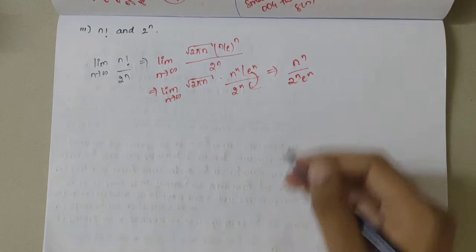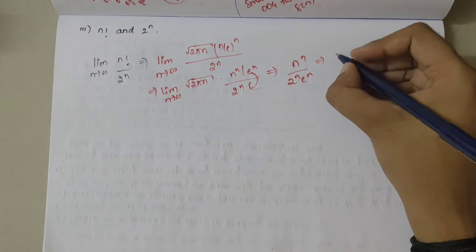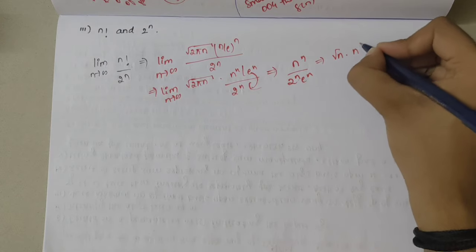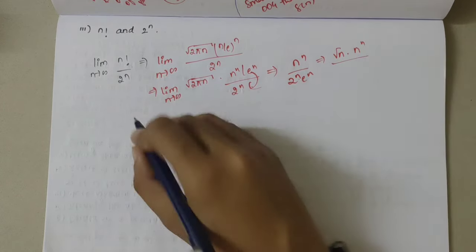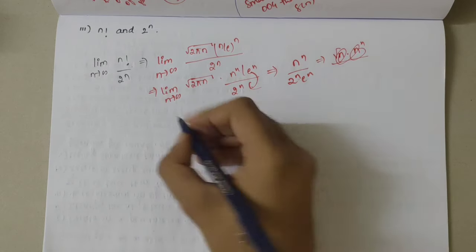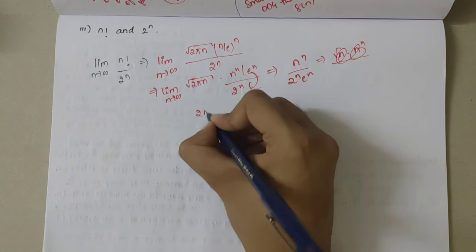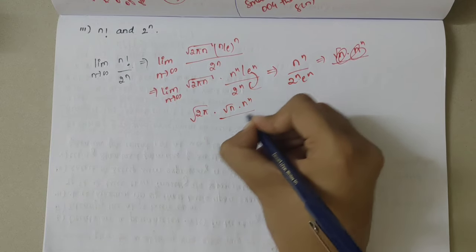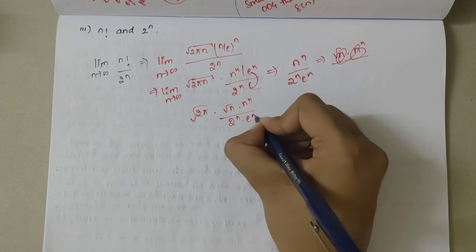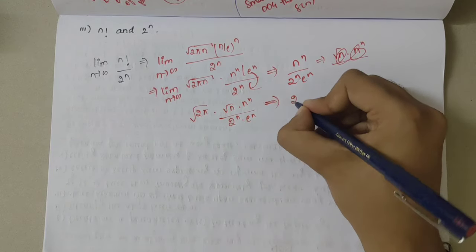This e, take it down. Further I can write under root n into n by n, and because 2 pi you take outside, I'll be left with under root n and n by n, and below I have 2n into e power n.